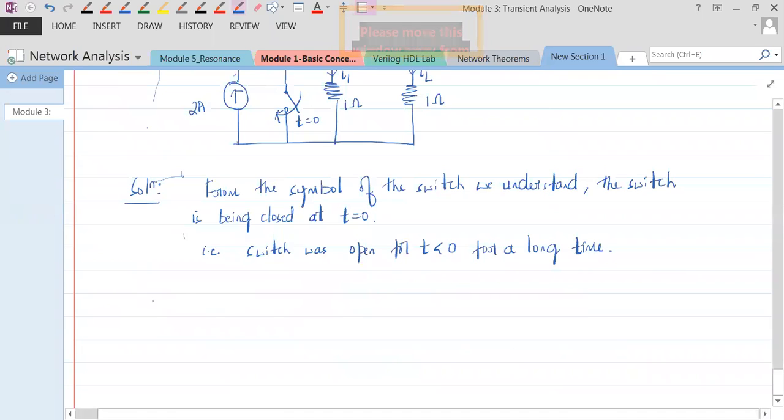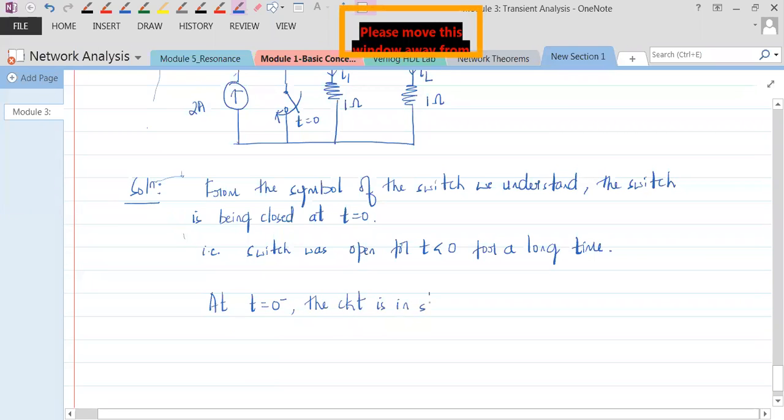Now everybody see this. At t equal to 0 minus, the circuit is in steady state. What does that mean?